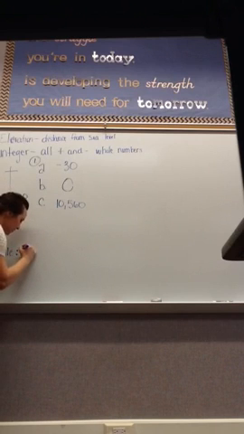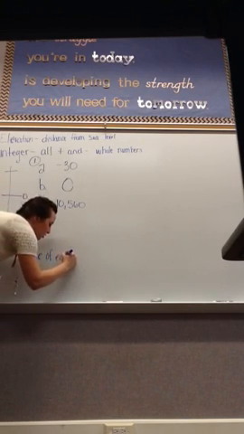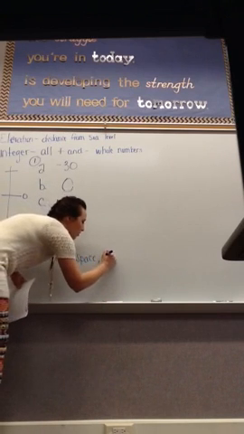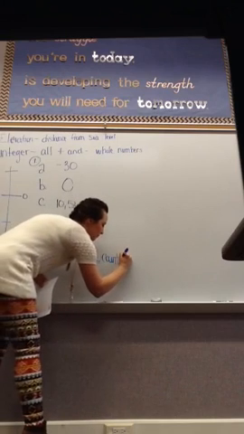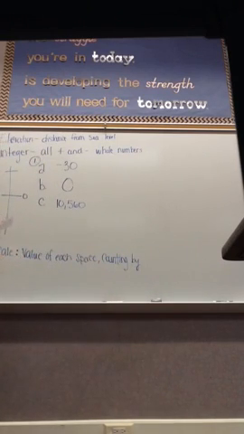Scale is the value of each space. So what are you counting by? So on number 2, it says our hiker is 15 feet above sea level.